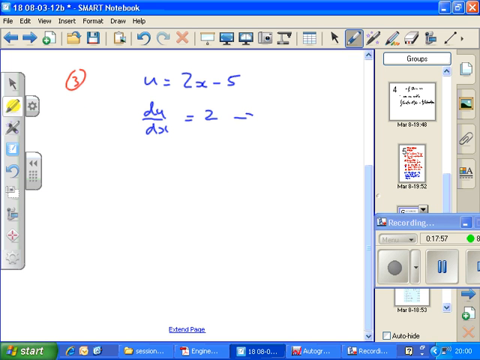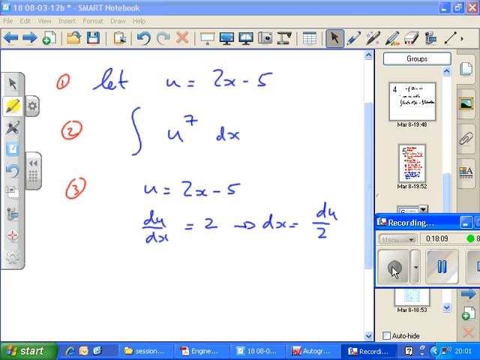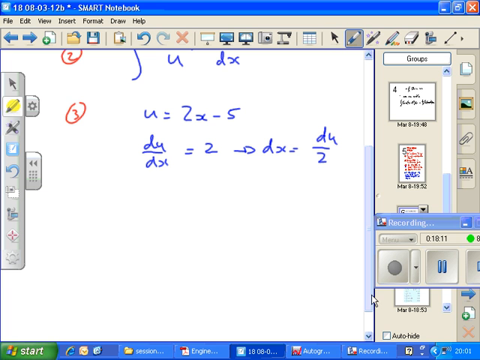So from this, dx equals du over 2. So step 4. What does step 4 say?